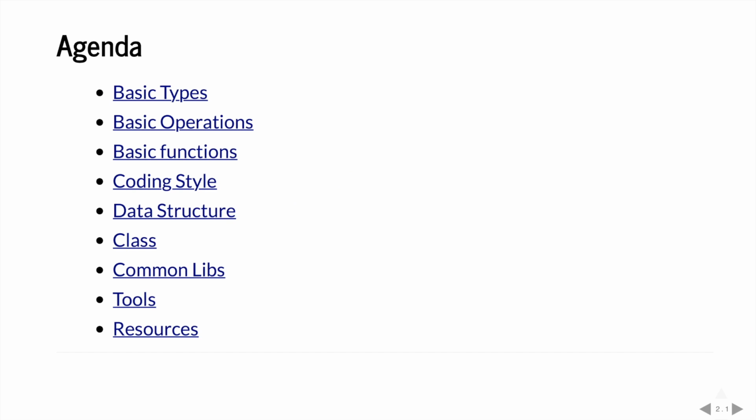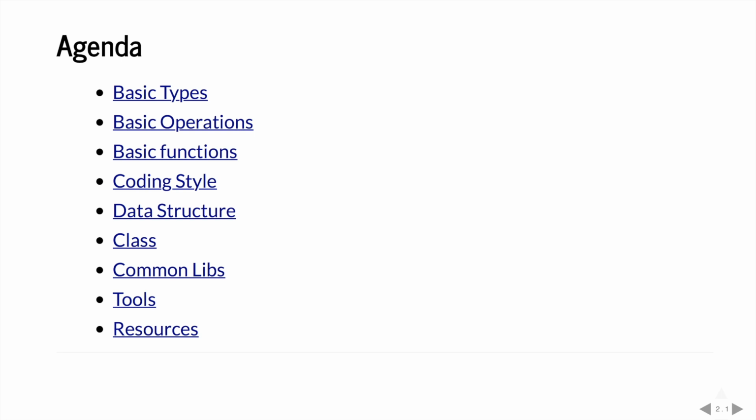We are going to cover these topics: the basic types, what kind of type system Python has, and then common operations like and or operations, and some useful functions you will see everywhere. Most importantly, the coding style difference between C Sharp and Python.